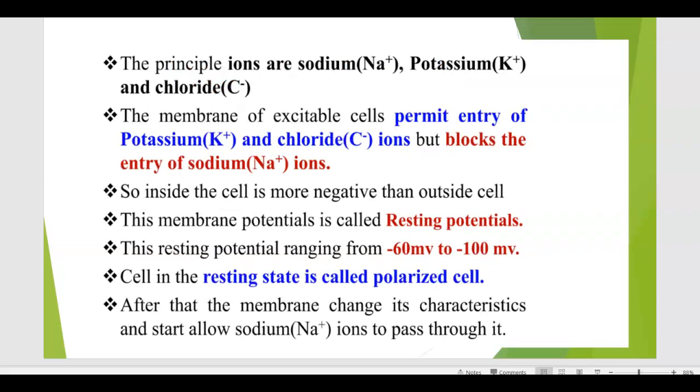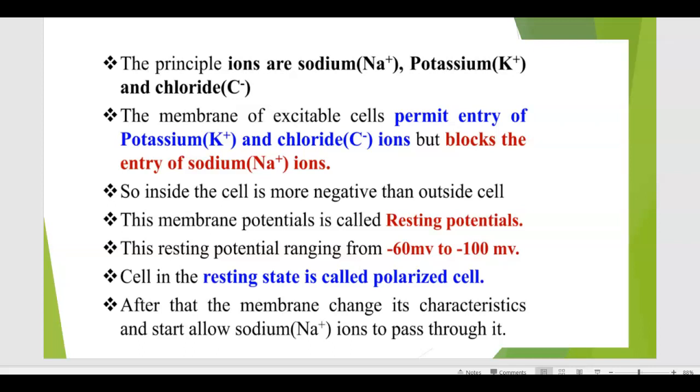The principal ions are sodium, potassium and chloride ions. The membrane of the excitable cells permits entry of potassium and chloride ions but blocks the entry of sodium ions.